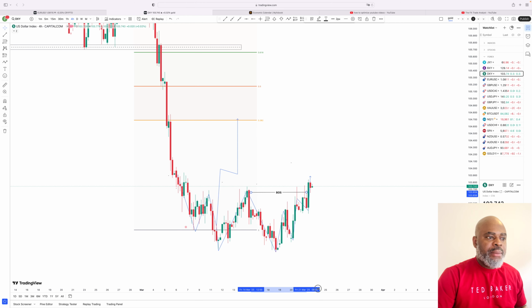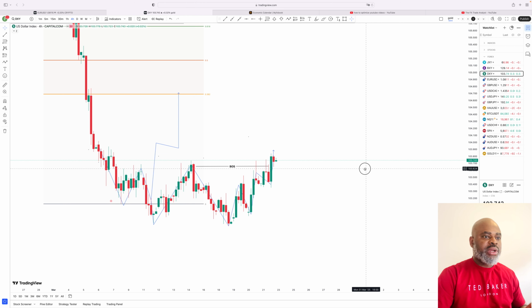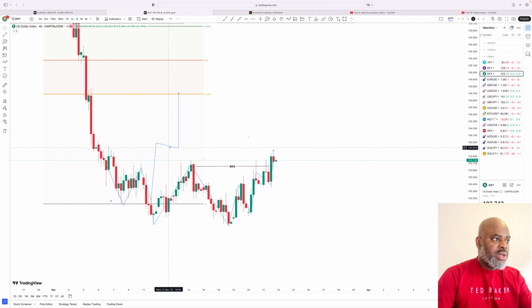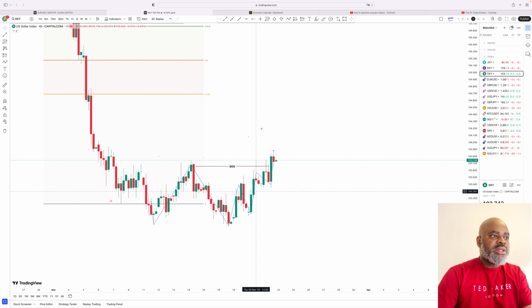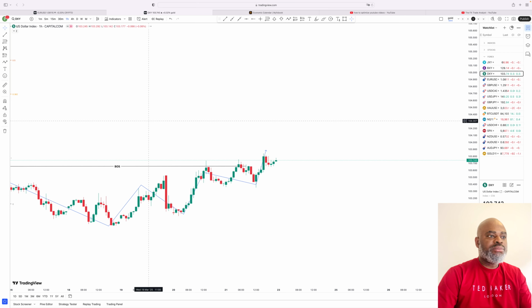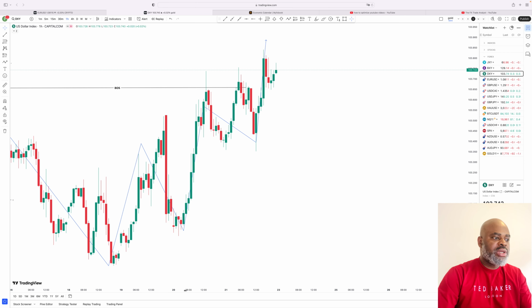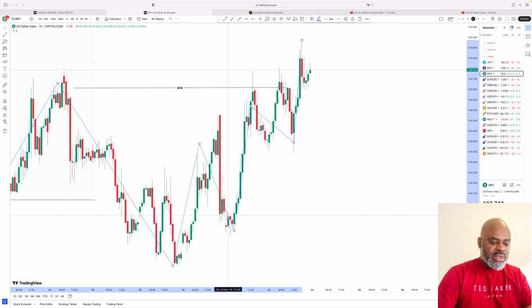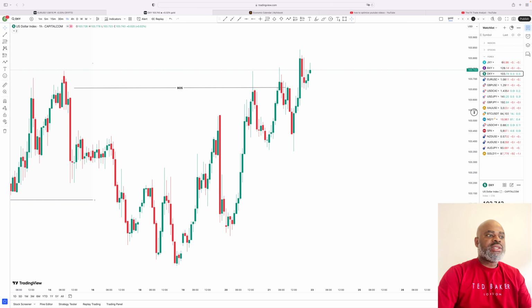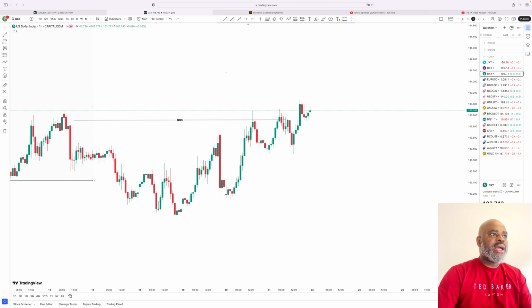So I'm clearly looking at this structure, and I'm carefully watching it to see what is going to happen. If I jump down to the 1-hour time frame, we can clearly see how that is going, and I'll take out these markings. We'll see that we're beginning to see an uptrend, right?